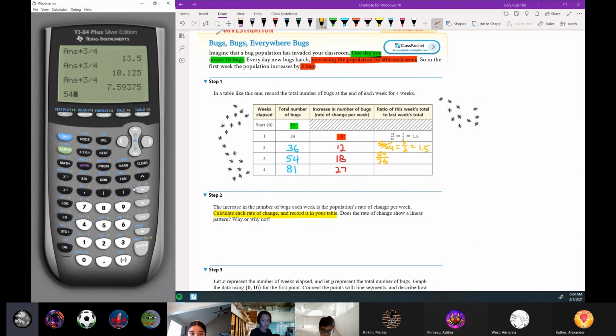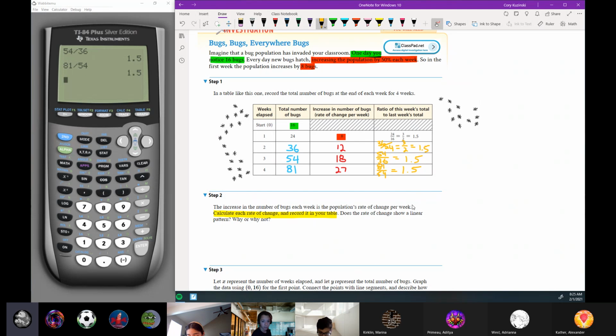If we do 54, let's clear that off. 54 divided by 36, there's the 1.5 again. And on this one, if we take the week 4 total of bugs, 81, and we divide that by the week 3 total of bugs, 54, let's see what 81 divided by 54 is. What do you think it is? 1.5 again.